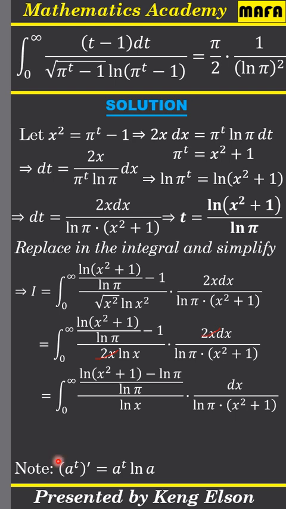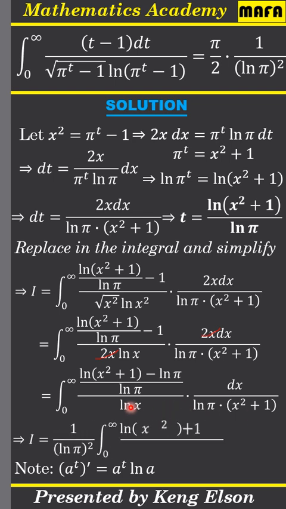Now when that happens, I'm going to look for the LCM of this numerator. It is going to be the ln of pi, so I just have to multiply. So this numerator simplifies to the ln of x squared plus 1 minus the ln of pi, all that divided by the ln of pi. Then we have to divide it by ln x. Then we multiply it with the x, because 2x has gone away. The x divided by the ln of pi times x squared plus 1.